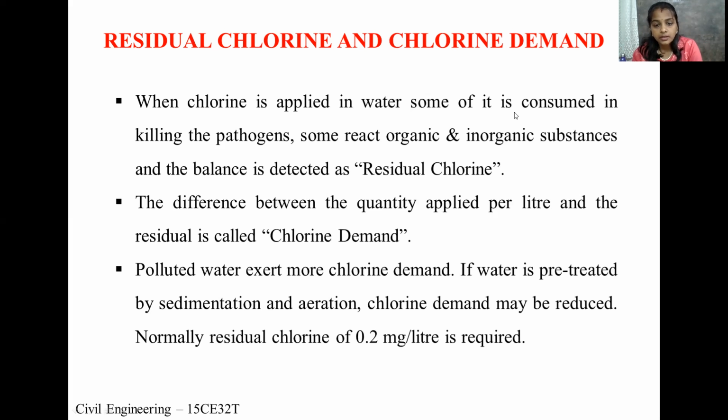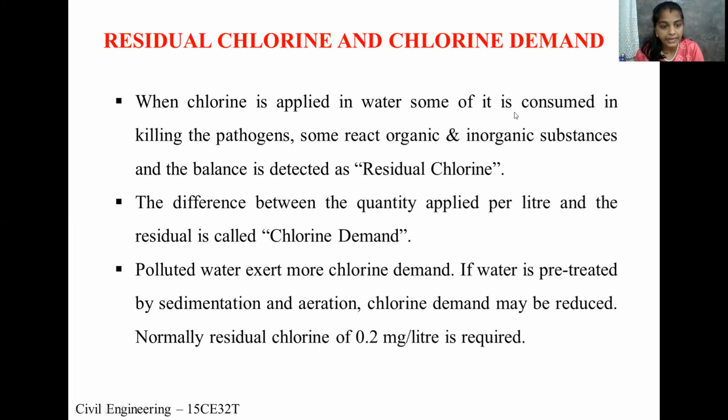Now the next point, polluted water exerts more chlorine demand. I mean to say, however much the water is polluted, that much more chlorine is required for disinfection of water. So more pollution of water means more chlorine demand.